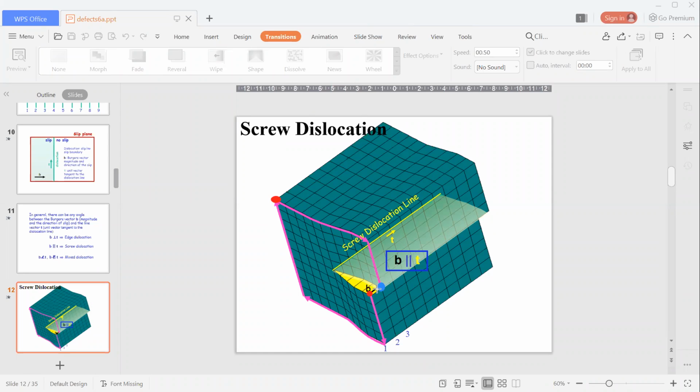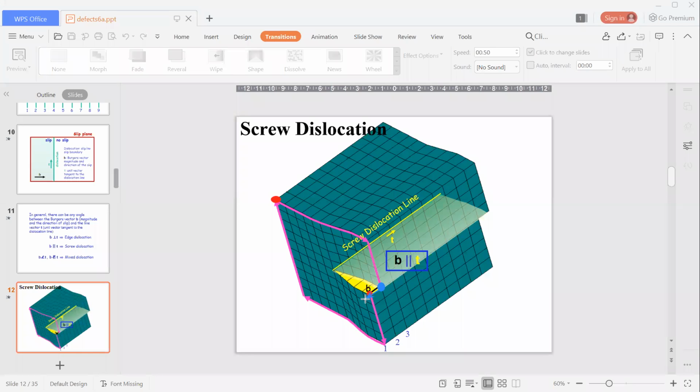Whenever this happens in a closed circuit, I made a closed circuit by moving at equal distance from left to right and top to bottom. Then if your start point and end point do not match, then you can draw a vector which interconnects the new point to the old point. And this magnitude of deviation and its direction is the Burgers vector.